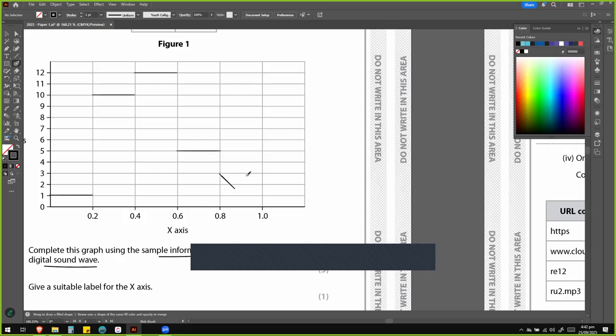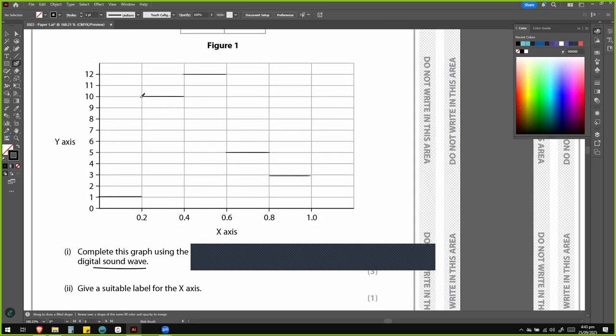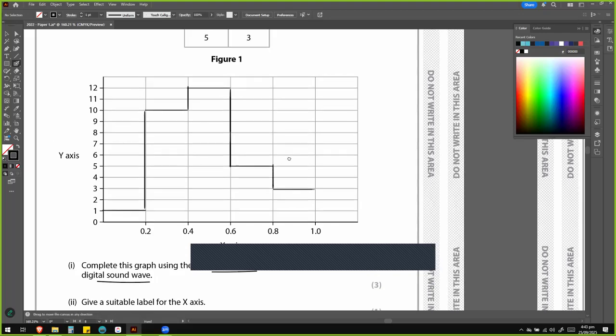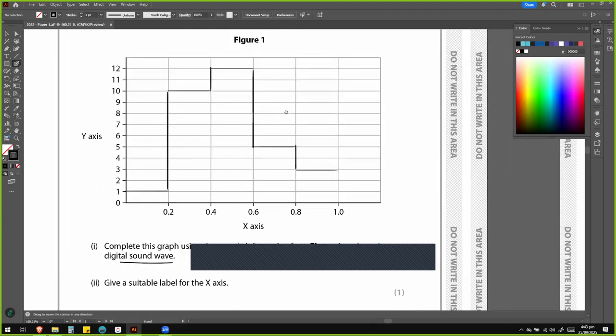So we will bring the wave over here at 3 and draw a straight line. Okay, so now I'll just neatly draw this and join these lines together so that it becomes one wave. Okay, and this looks like a binary wave, right? So this is the wave that we need to draw.